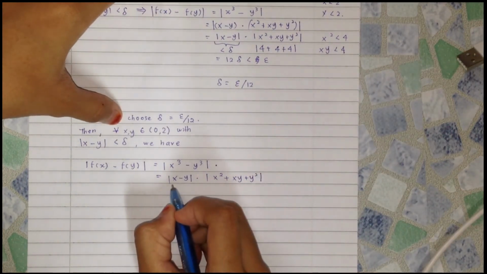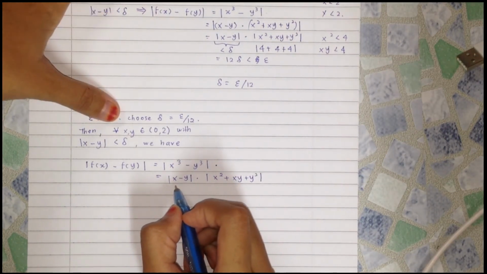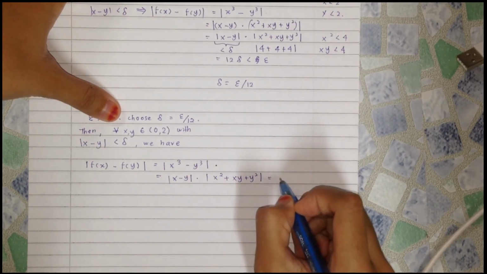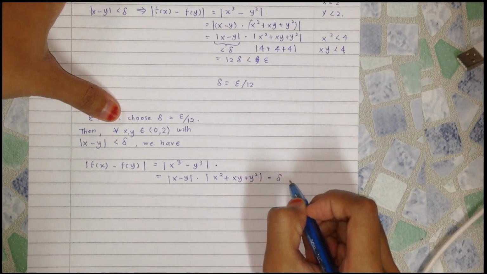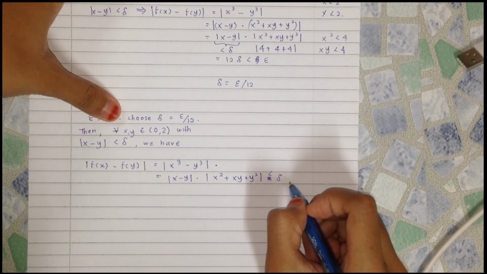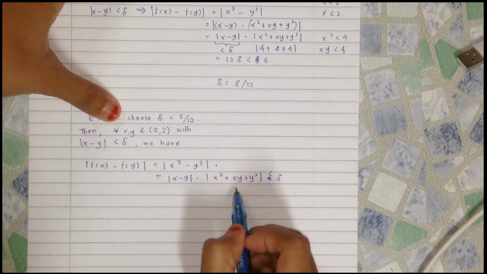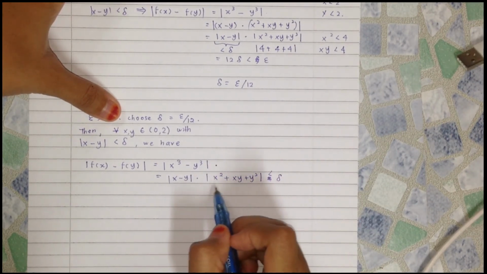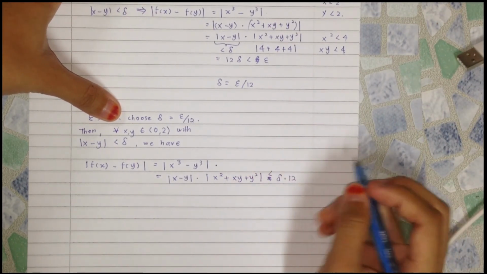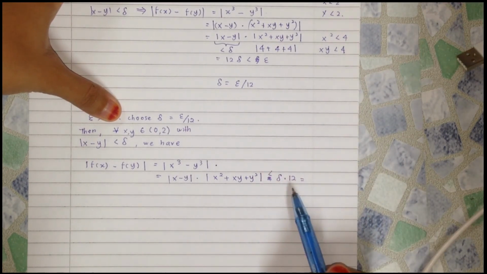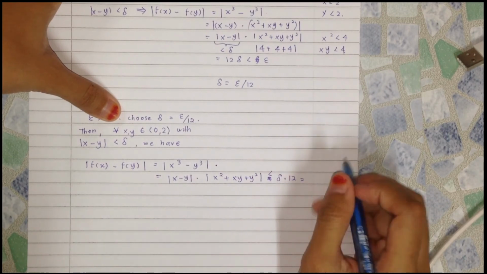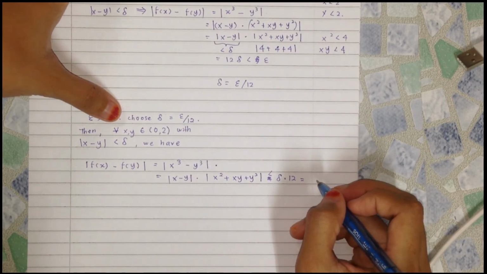And then we know that |x - y| is less than delta, so we write here less than delta, and we know this other factor is less than 12, so we multiply by 12, which is equal to epsilon.